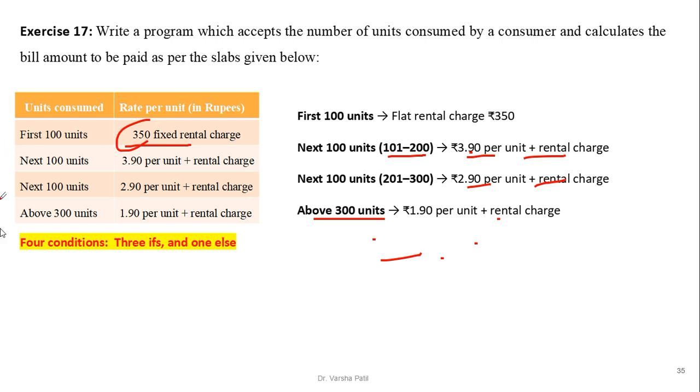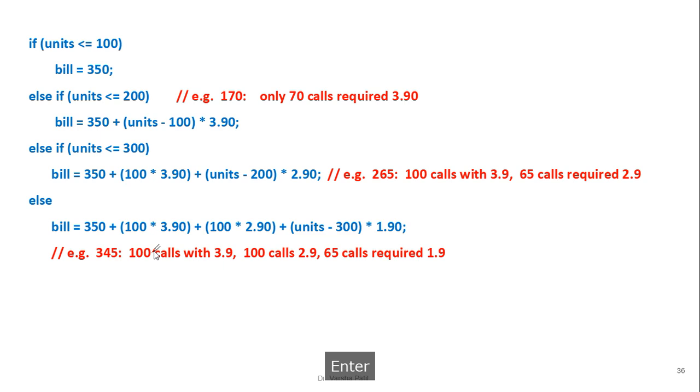So see here, 4 conditions are there, 3 ifs and 1 else is required. Now see, this is very important to understand. If our units are less than or equal to 100, our default or flat bill is 350. But if our units are less than or equal to 200, at that time our bill is different.